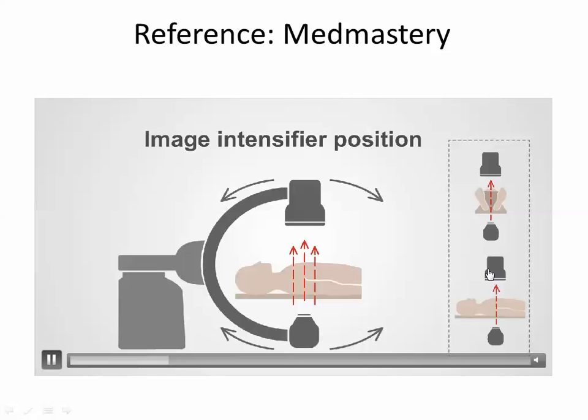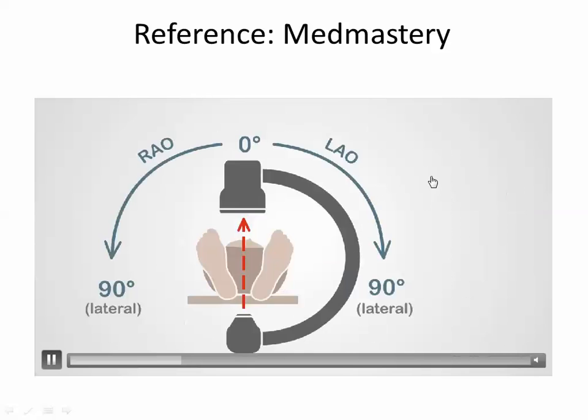This will be the foot of the patient, so this will be LAO, left anterior oblique, till 90, which will be lateral, not oblique, 90 degrees. Here will be right anterior oblique, till 90 will be right lateral.